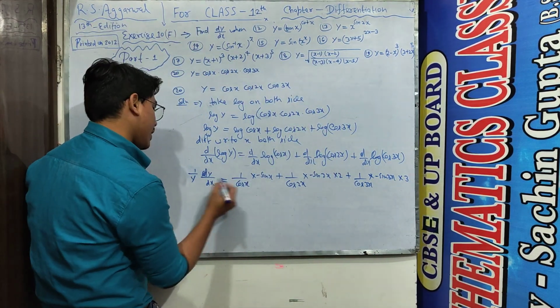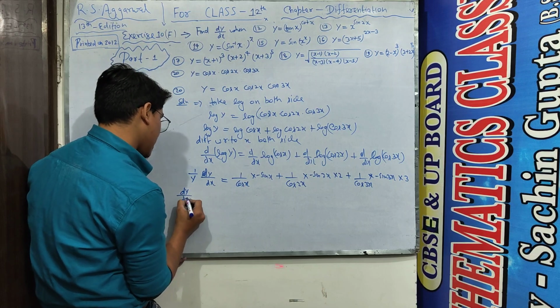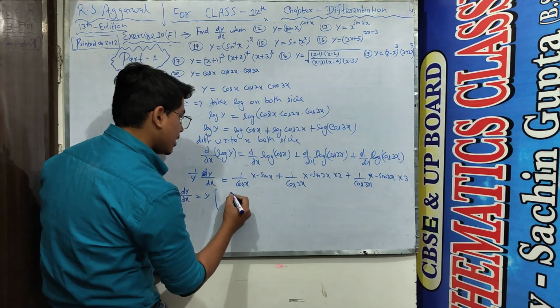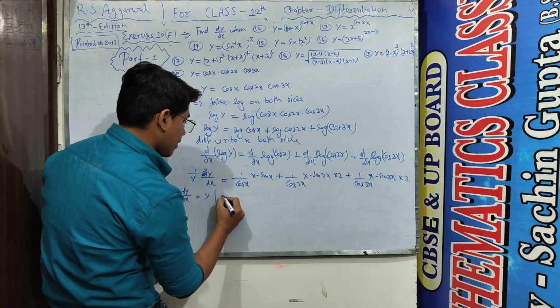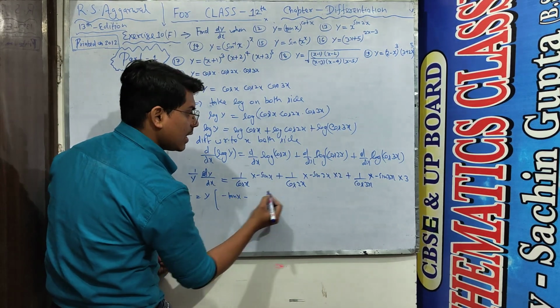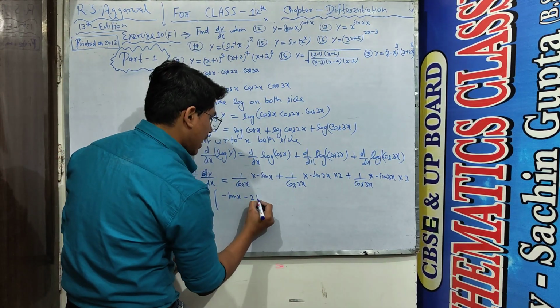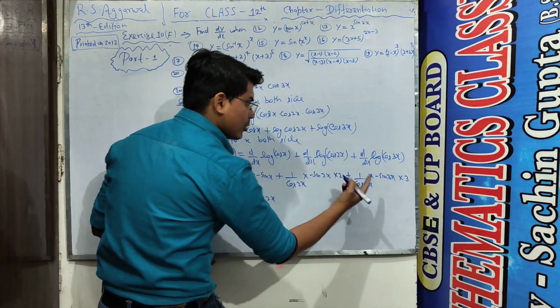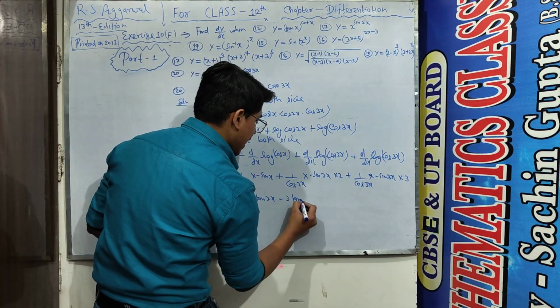And now student, this y goes to the other side in the multiplication, then it becomes something like this: minus tan x, and this becomes minus 2 times tan 2x, and this becomes minus 3 times tan 3x.